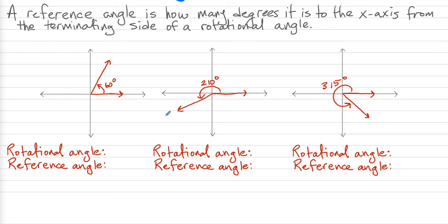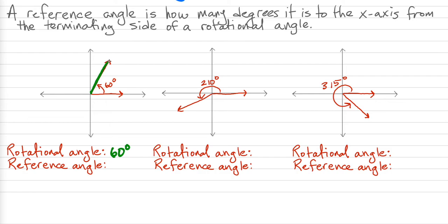Okay, most of you are probably done writing, it sounds like. Actually, I'll probably do one first with you guys because I didn't even explain what it is. So the rotational angle for this problem is 60 degrees. That's just what's drawn. A reference angle means I am only going to look at the terminating side.